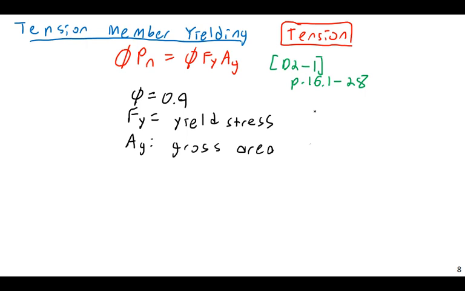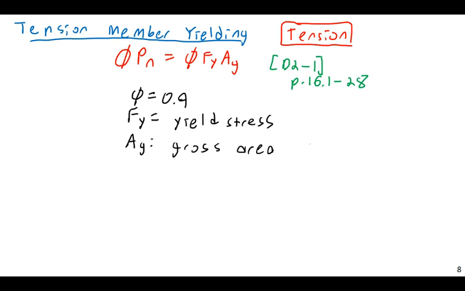Yes? The equation you referenced doesn't have phi in it. Okay, yes, the equation I referenced doesn't have phi in it. That's true, but I'm kind of baking it into it. I'm modifying it slightly. Okay, let's go to 16.1-28 and take a look. So it does say Pn equals Fy Ag.